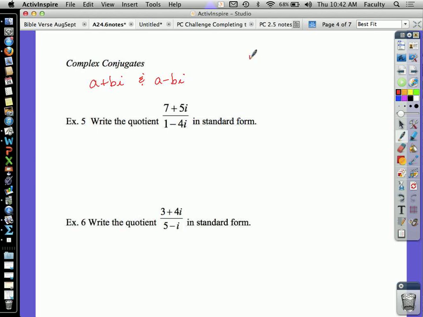And I need you to recall something, even just from today. i is the square root of negative 1. And remember, you cannot leave a radical in the denominator of a fraction.